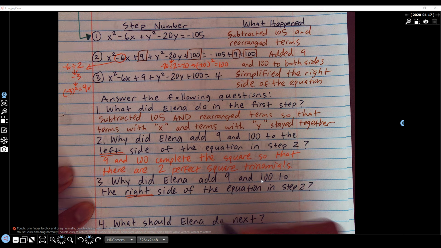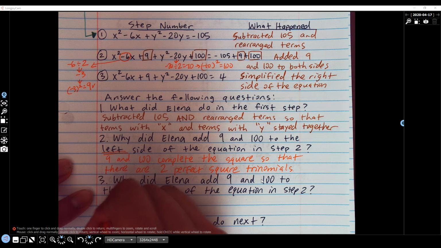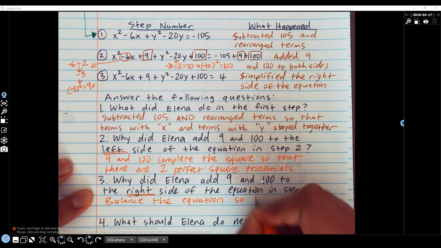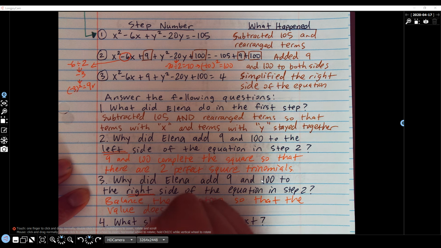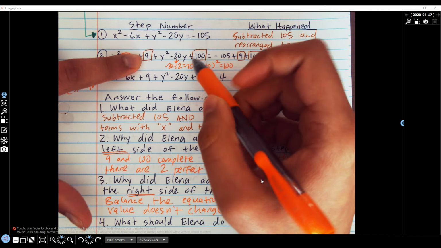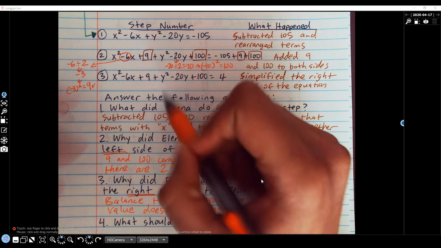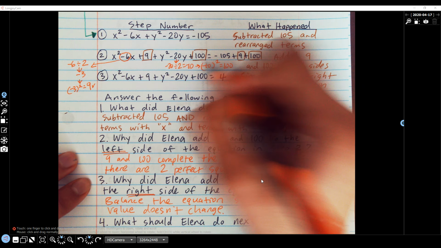So when we added 9 and 100, think of this as balancing the equation so that the value does not change. And 9 and 100 are significant here because it's going to help us write the equation using the perfect square trinomials. So that's why we're adding them to both sides, so that we're not changing the value, but it's going to help us in terms of the left side of the equation.